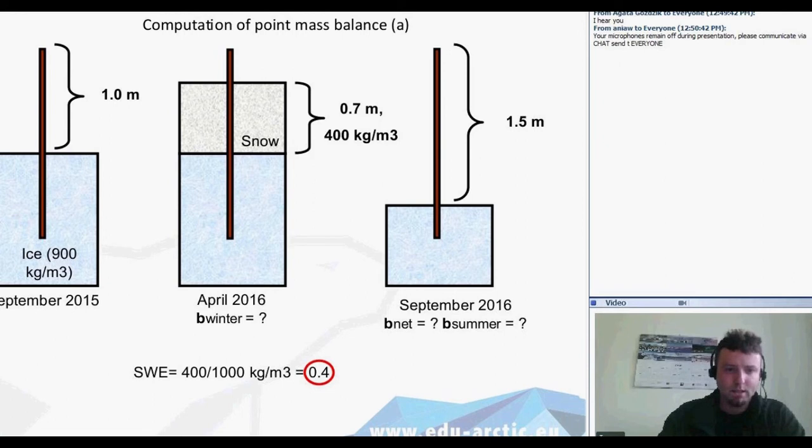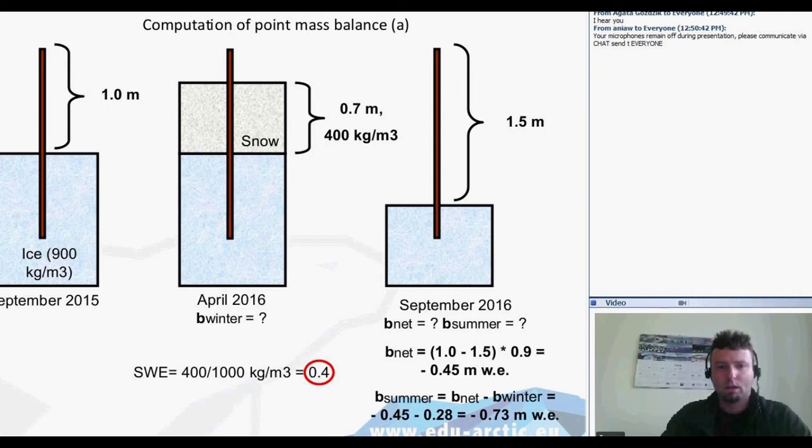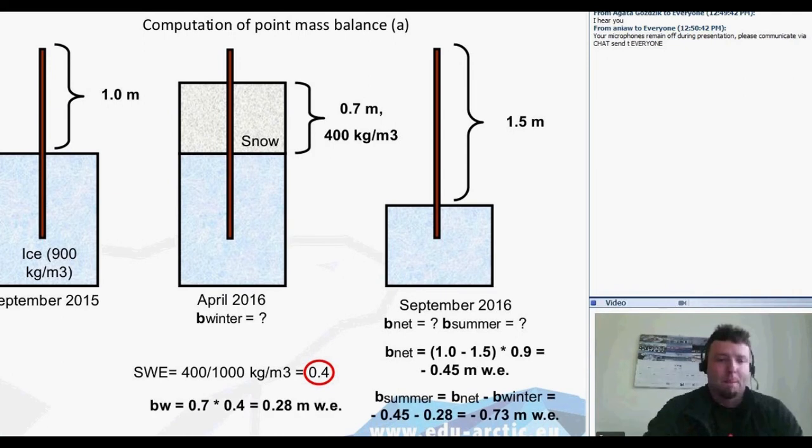As you can see, snow water equivalent is 0.4. So winter balance is 70 centimeters multiplied by 0.4, so it gives 0.28 of water equivalent, 0.28 meters.